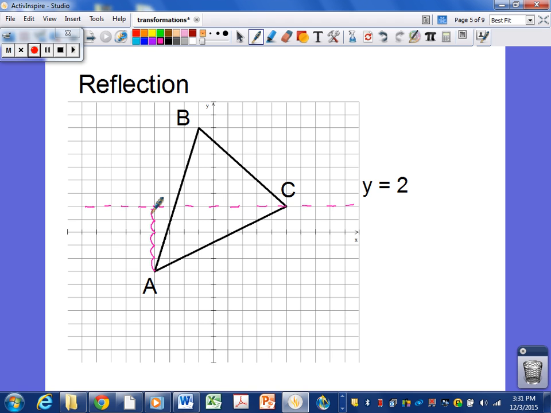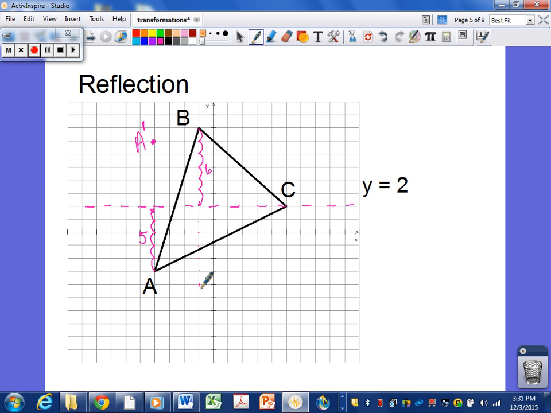So here we're still counting vertically, but we count to your line of reflection. So A is 5 units away from your line of reflection. It's going to end up 5 units on the other side, A prime. Okay, so you count perpendicularly to your line of reflection, and then you go an equal distance on the other side.